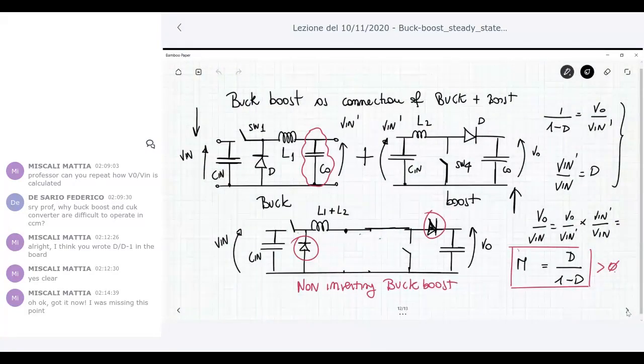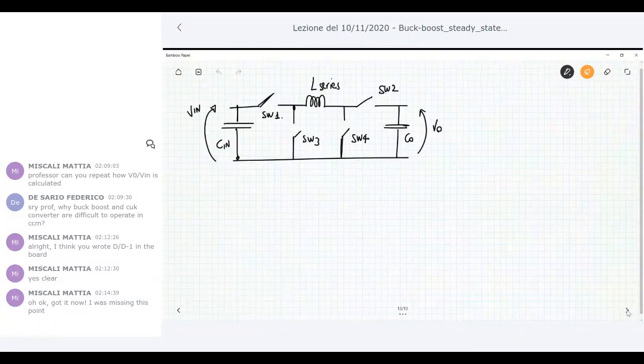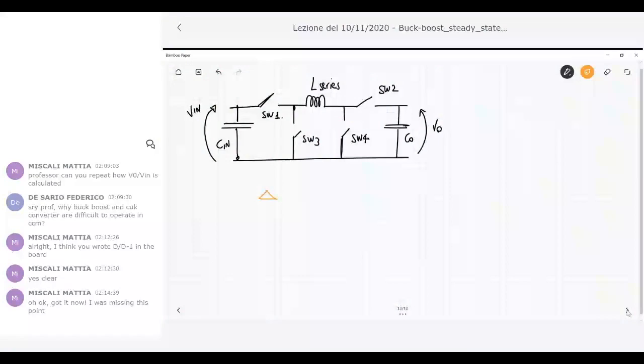Let me discuss in which way I have to command these switches. Okay. Switch 1 and the diode D in the buck act in a complementary way. So when the switch 1 is closed, the diode D is open.